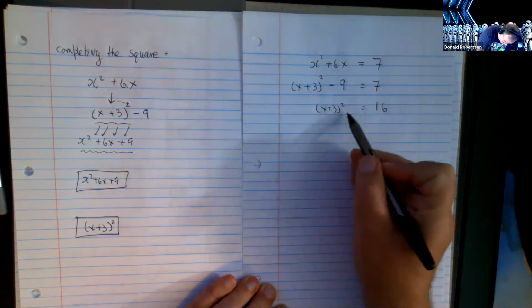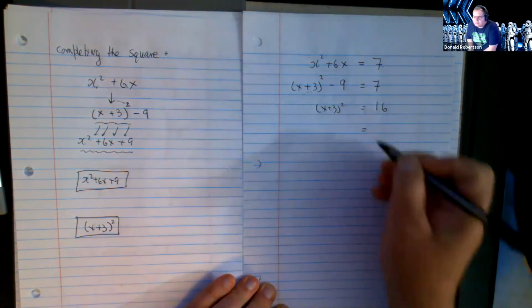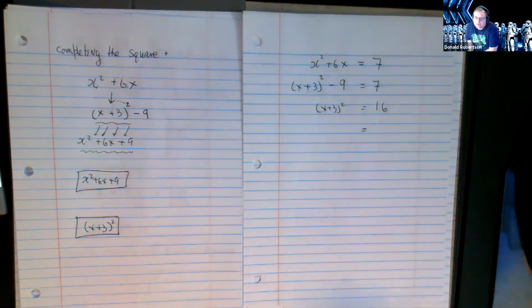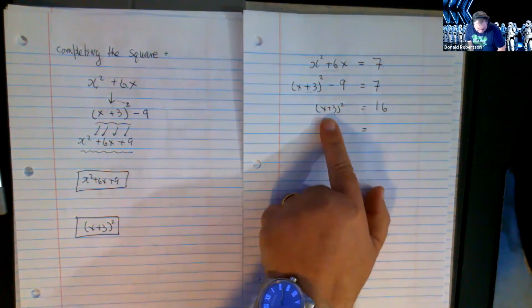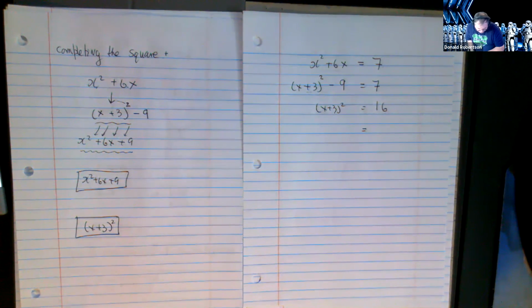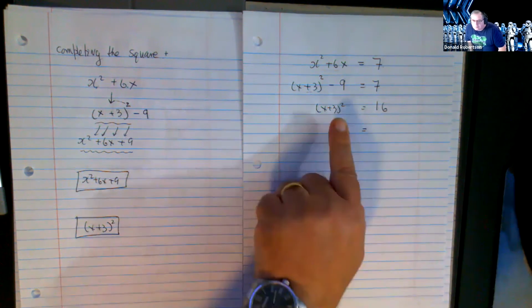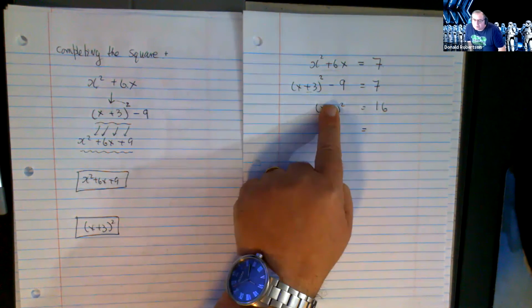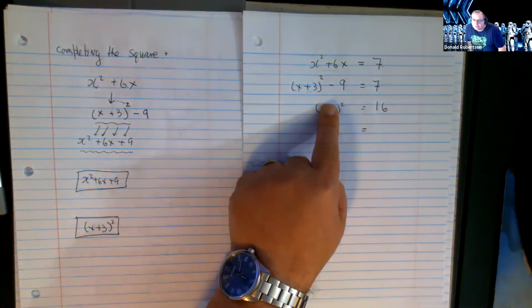Add 9 to both sides gets us to here. What am I going to do to both sides now to get closer to solving for x? If I cover this up, it might help. What are we going to do to both sides to get closer to the answer?